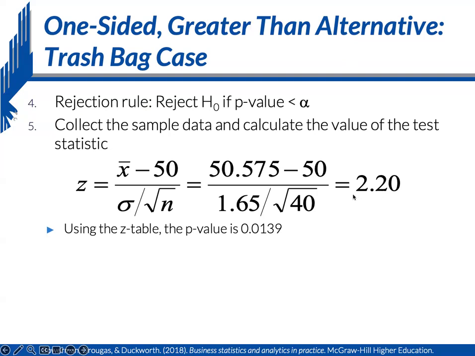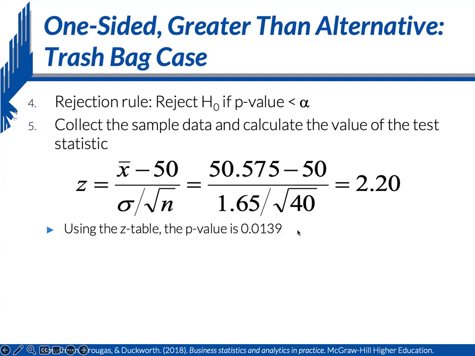So in this particular example, the p-value is the area to the right of 2.2. And this area can be easily obtained either through the standard normal table or using the normal distribution function in most calculators. So whichever approach you use, you will get a p-value of 0.0139.